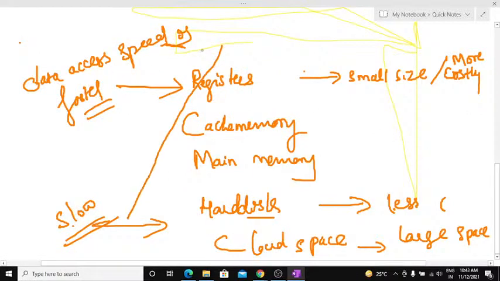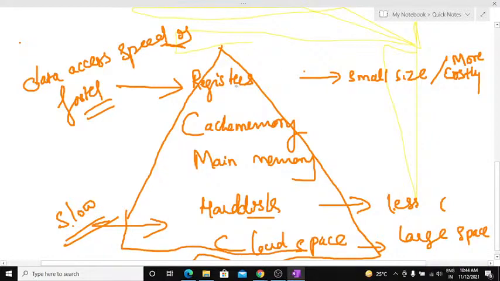So this is a hierarchy, in a triangle shape. At the small end the size is very small, the data is fast and the access speed is faster, but it is costly. The cache memory is costly, but the speed is faster.